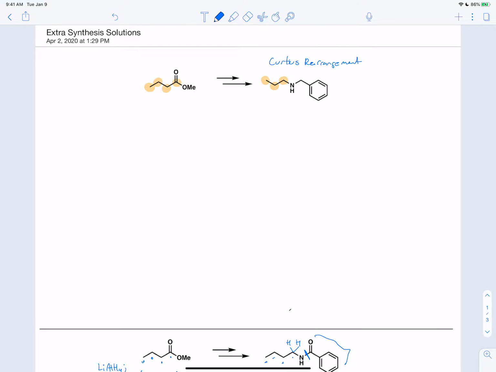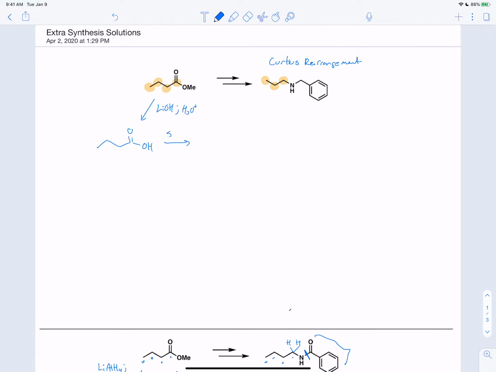So the Curtius rearrangement is the rearrangement of an acyl azide. So we're going to be trying to get this molecule to an acyl azide. To do this, first we can hydrolyze it using lithium hydroxide. Then we'll do an aqueous workup. This can give us a carboxylic acid.